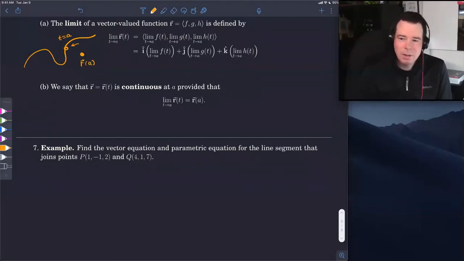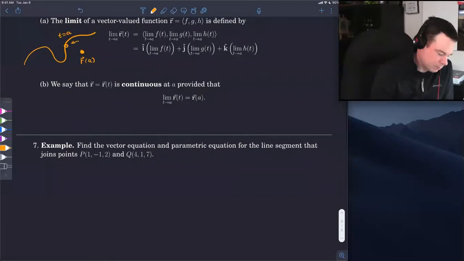That would not be a continuous curve because you can't trace along it without lifting your pencil at that t equals a value to draw the point somewhere else and then come back and finish drawing the curve. This idea of lifting your pencil is captured formally with the notion of a limit. We say r is continuous at a point a if the limiting value of the function is equal to the value of the function at the point.